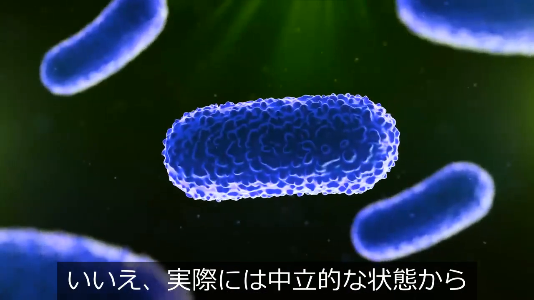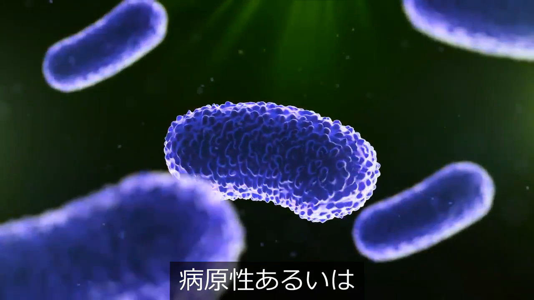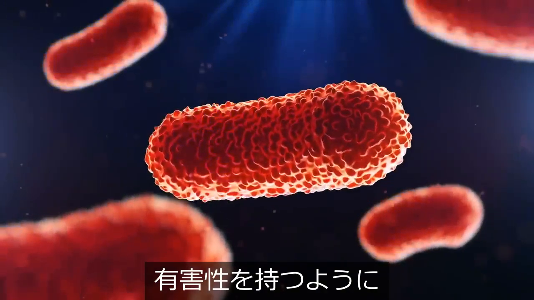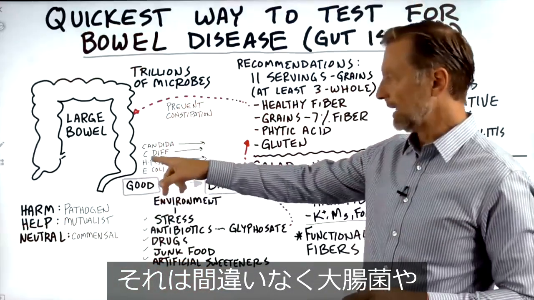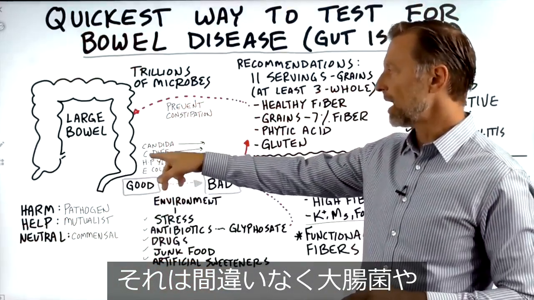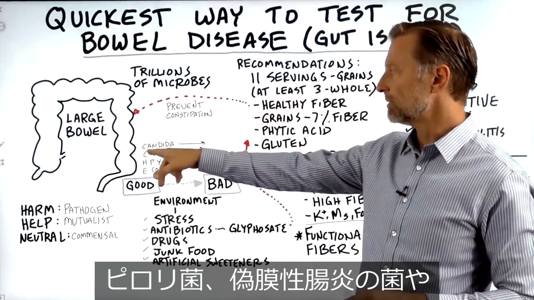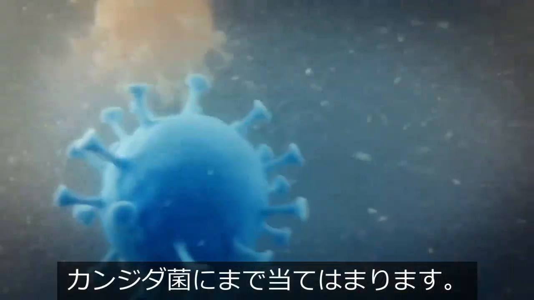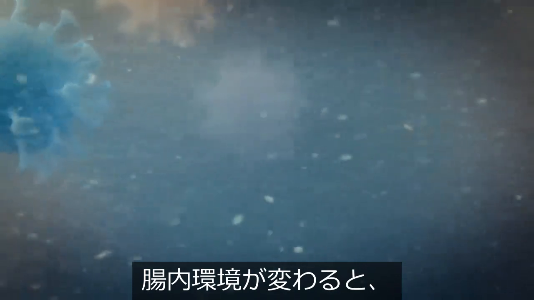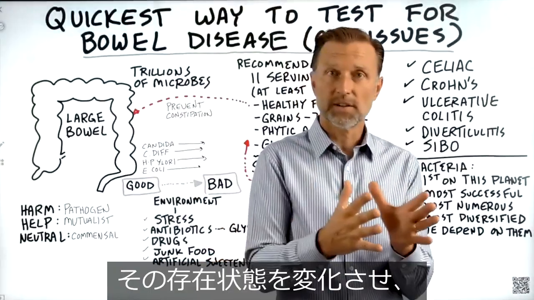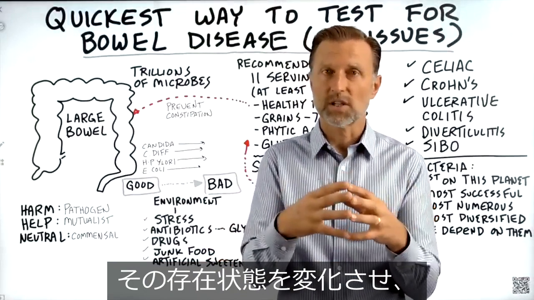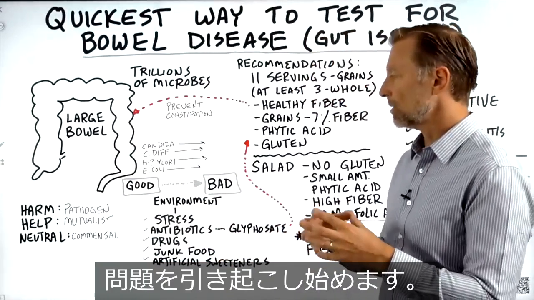No, they're actually coming from a condition from being neutral to now being pathogenic or harmful. And that definitely applies to E. coli and H. pylori and C. diff and even candida. When the environment of your gut changes, these microbes shift their state of beingness, their condition, and they can start creating trouble for you.